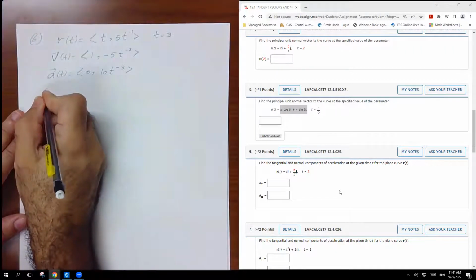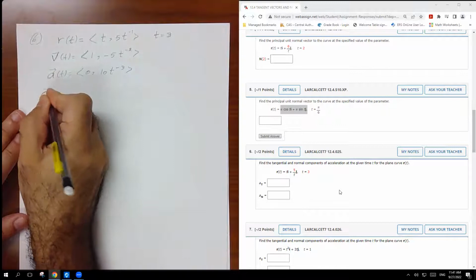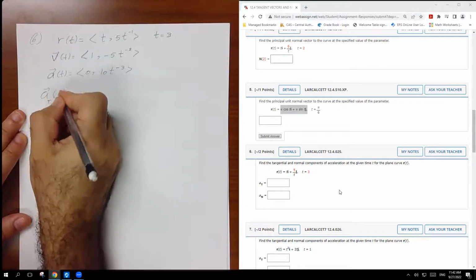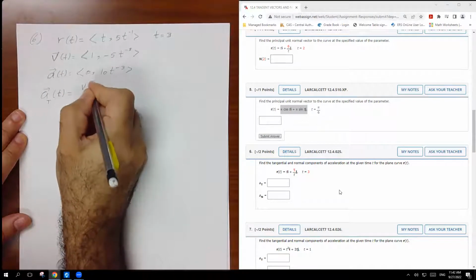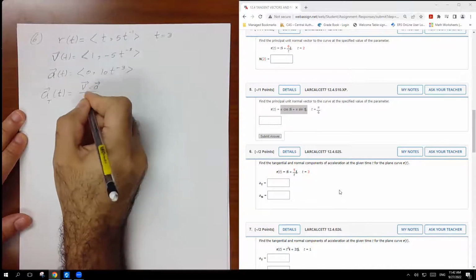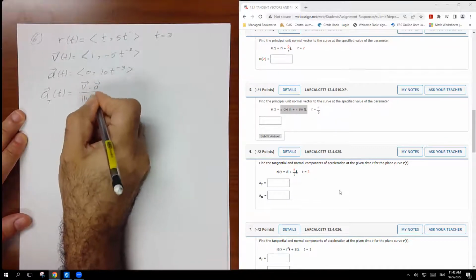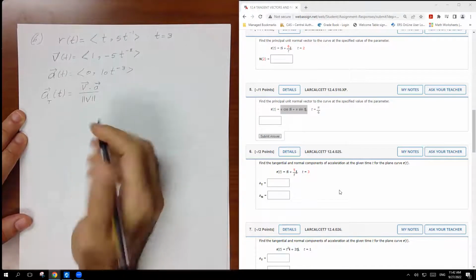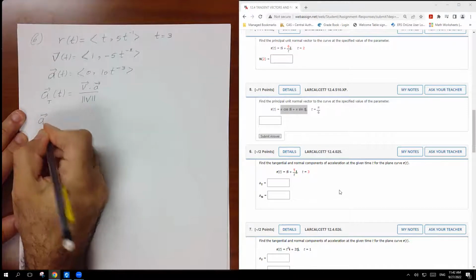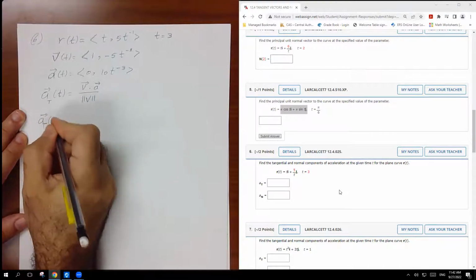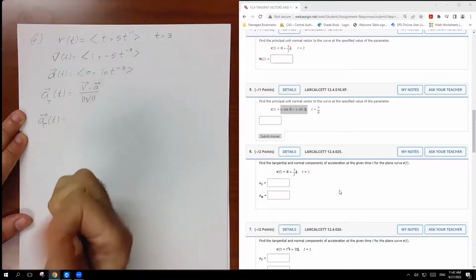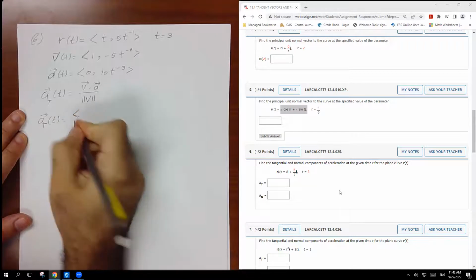Now, the tangential component of acceleration with respect to the t is going to be the velocity dot the acceleration divided by the length of the velocity. That means, with respect to the t, I'm just going to write down the vectors.